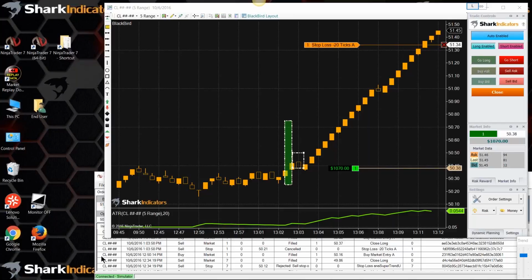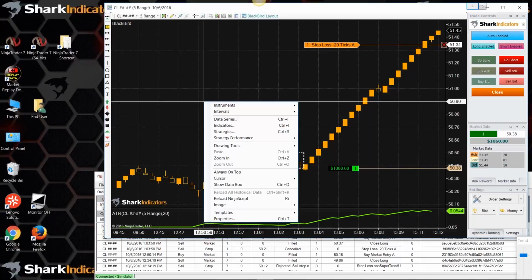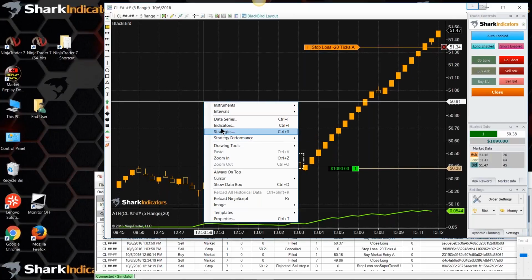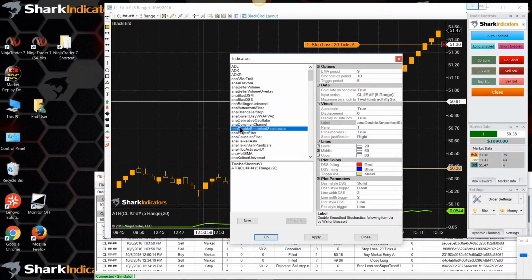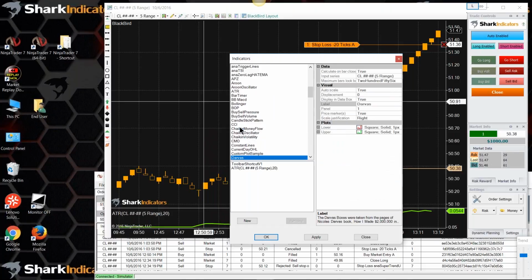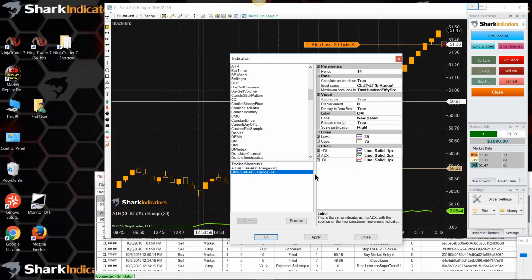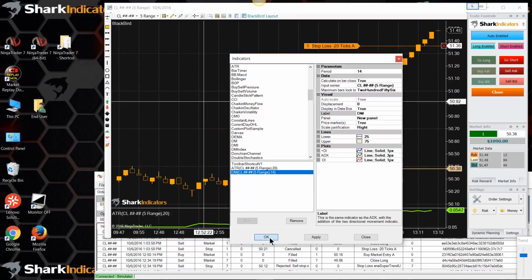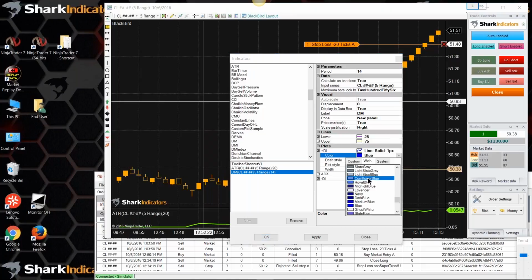Yeah. All right. Well, let's see here. I'm not sure. Let's get the DM indicator on here. All right, 14 period. Let's see. And we change my colors so we can see them a little better.